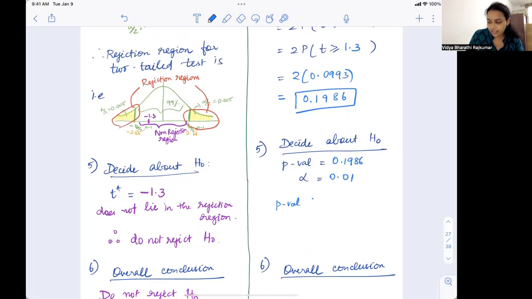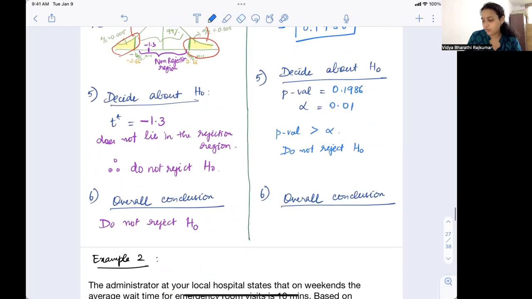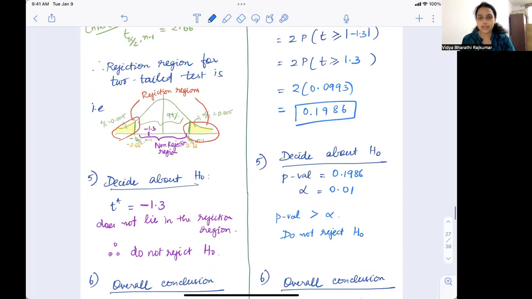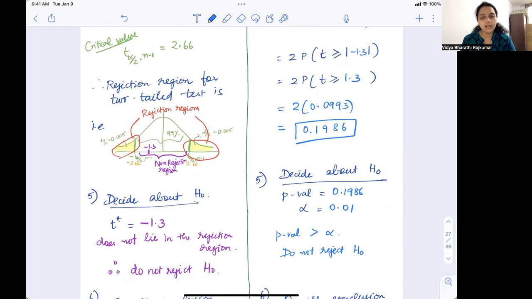The p-value is greater than alpha, and whenever the p-value is greater than alpha, we do not reject the null. And therefore we conclude that we do not reject the null hypothesis. So once you figure out alpha, both the rejection region and the p-value approach will give you the same answer.